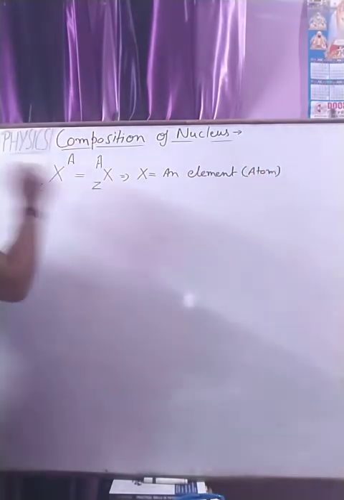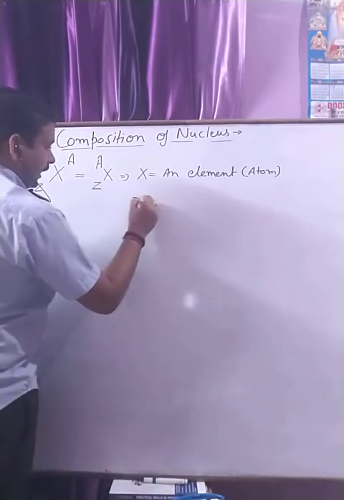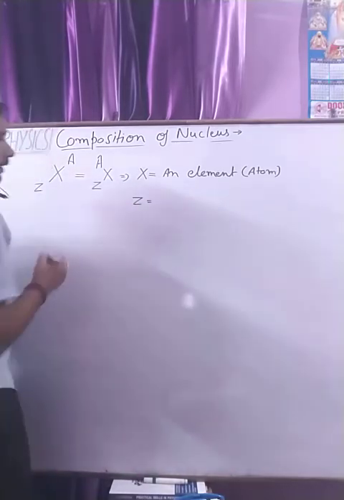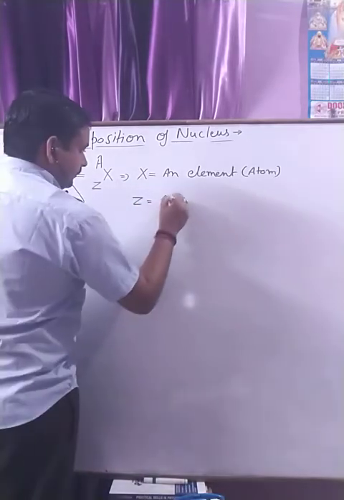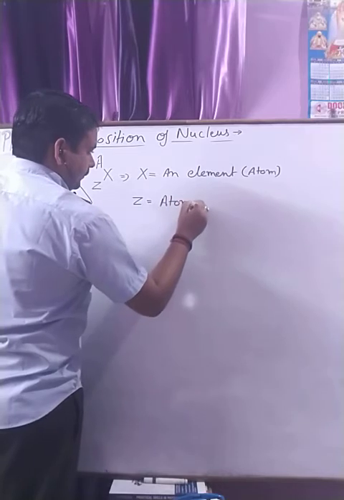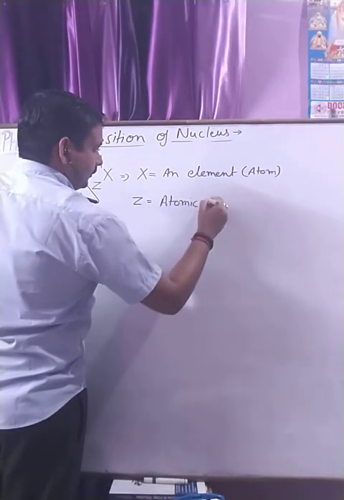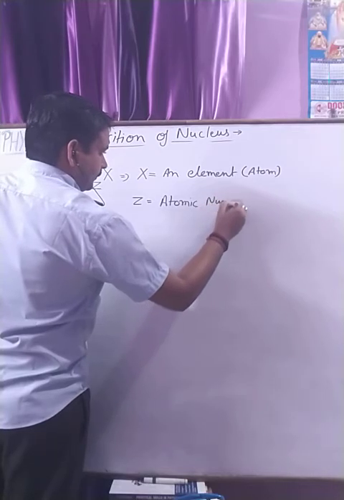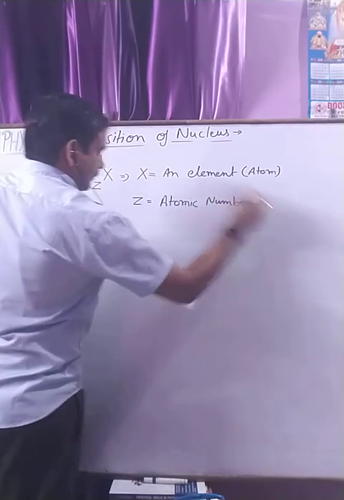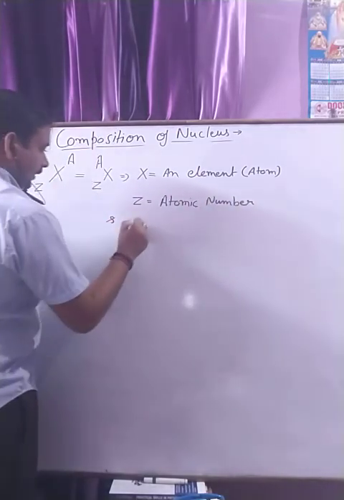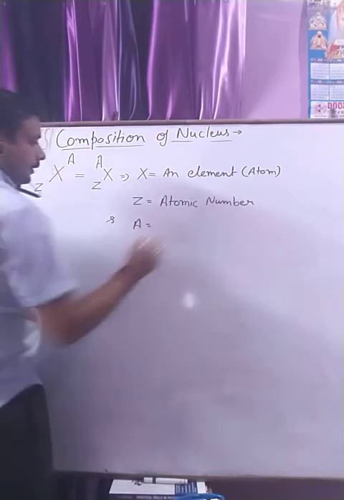Okay, second we have Z. Z is atomic number, and A is called mass number.